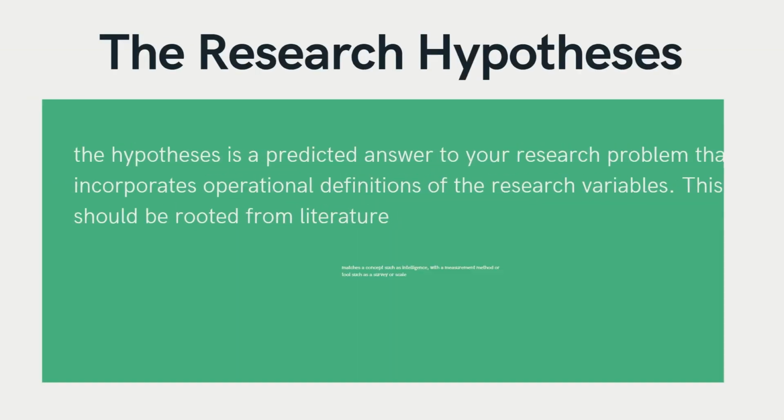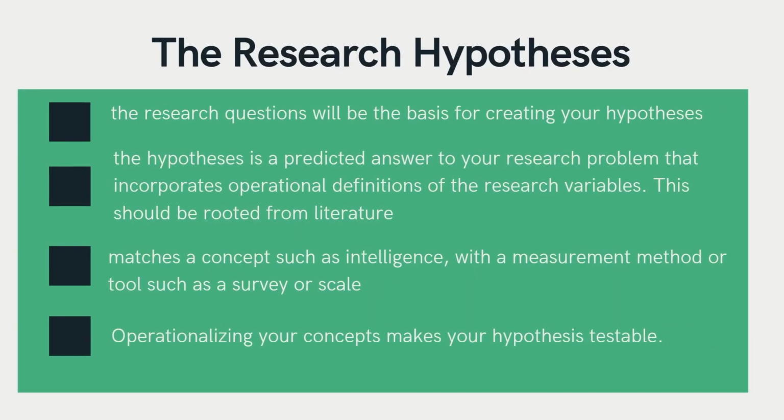And then we'll talk about the research hypothesis. Okay, so the research hypothesis is actually based on your research questions. So as you can see here, the research questions will be the basis for creating your hypothesis. So whatever questions you have, you try to quantify it. So the hypothesis is a predicted answer to your research problem that incorporates the operational definitions of the research variables.